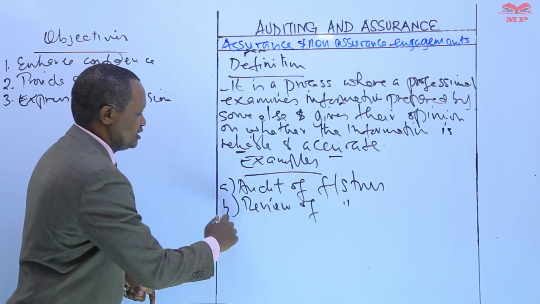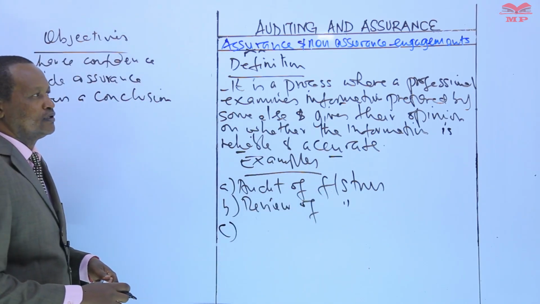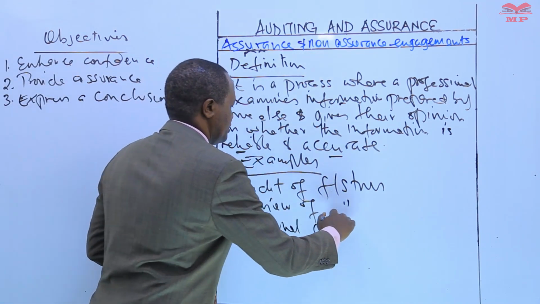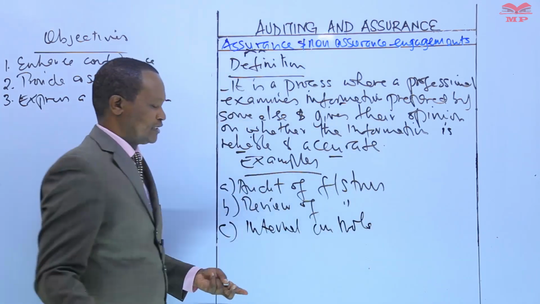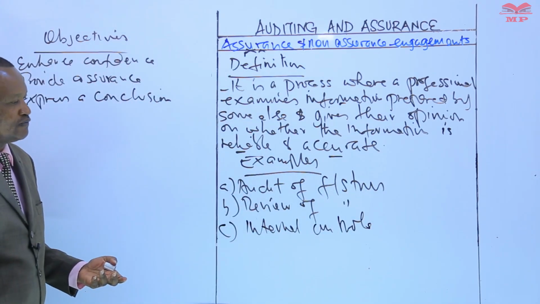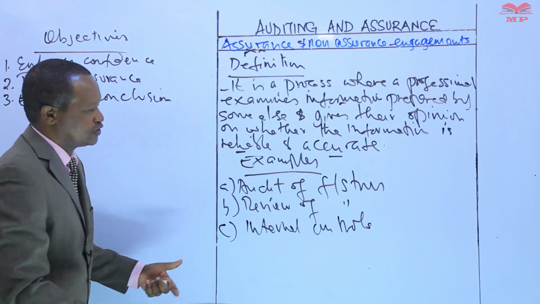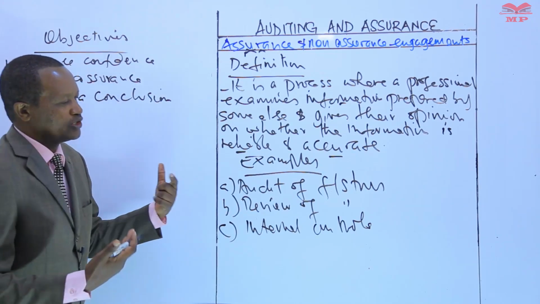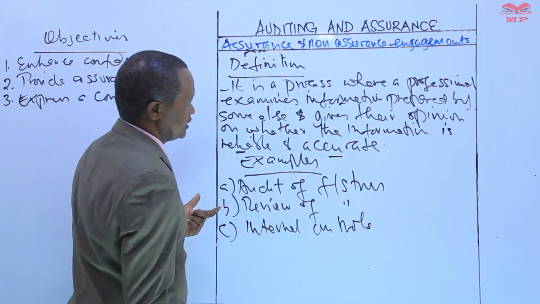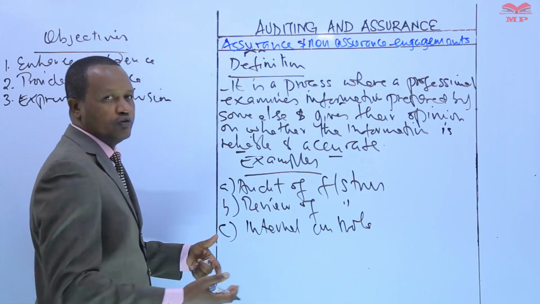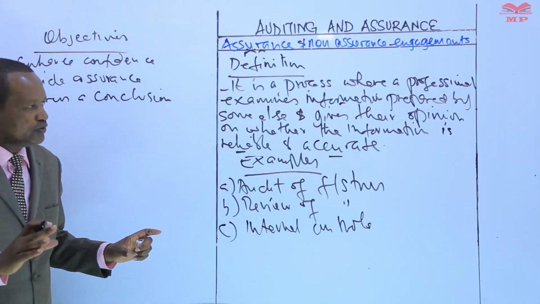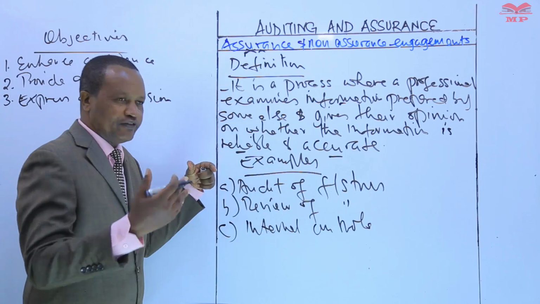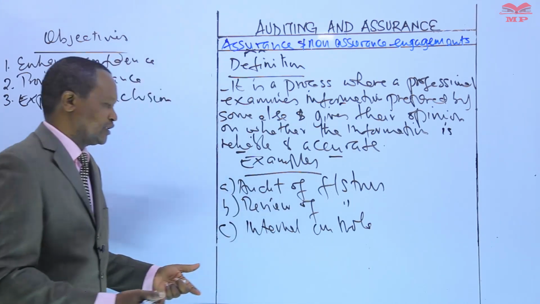It could be things like internal controls. Internal controls can be another example of subject matter. The auditor or professional can do an examination of the internal controls of an organization with the view of expressing an opinion as to whether they are accurate, effective, or efficient, and all that.